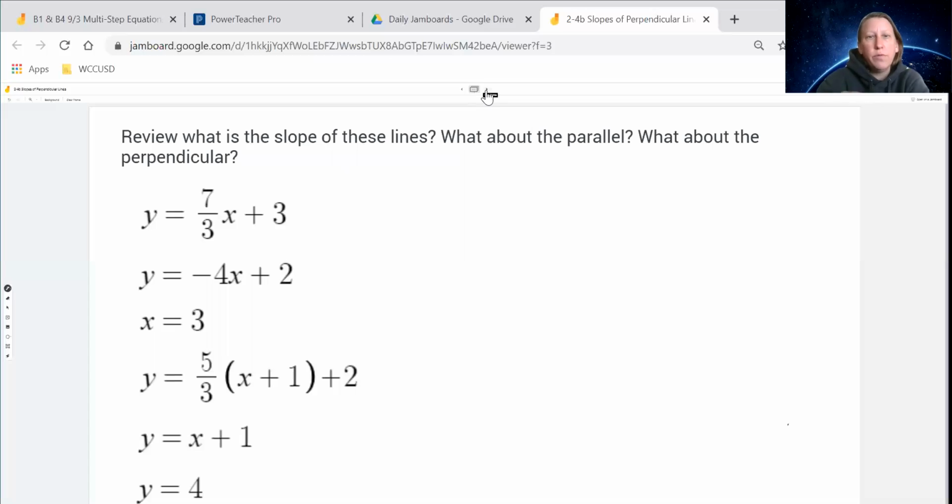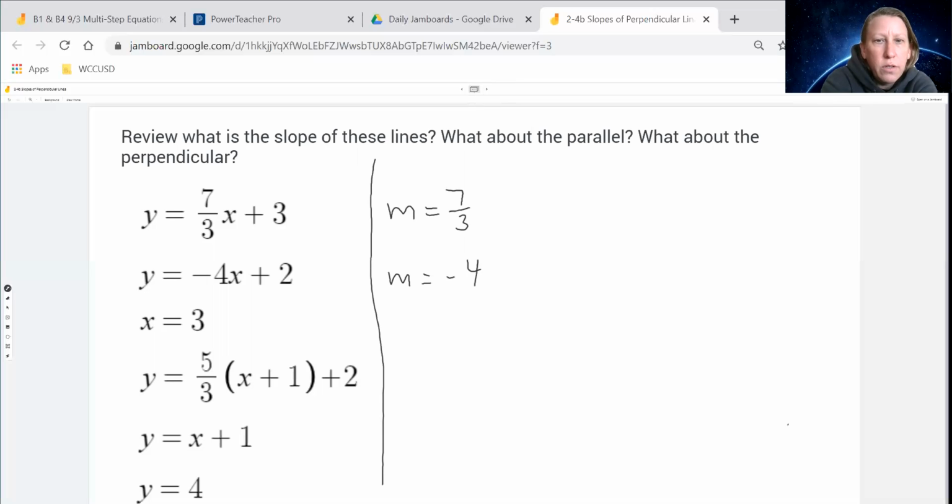Okay, let's do some review of slope. We had some of these in the previous lesson. What is the slope of the first line? The slope is 7/3. What's the slope of the next one? Good, -4. Ooh, this one's tricky. What's the slope of this line? We'll come back to that one. How about the slope of this one? 5/3.